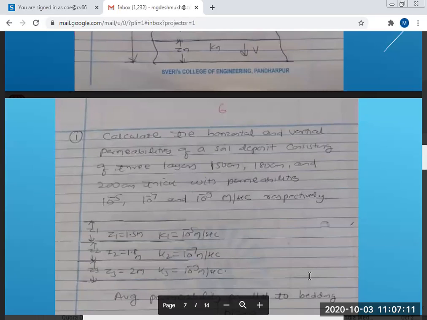Okay, take down this question please. Calculate the horizontal and vertical permeabilities. Horizontal means kx and vertical means kz.